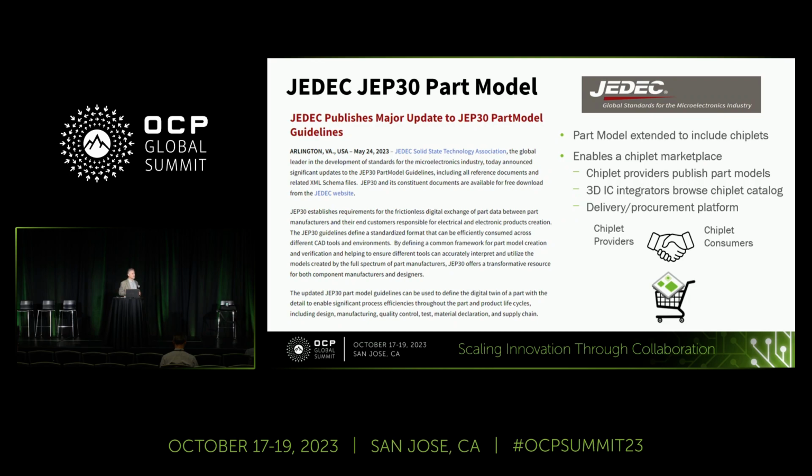The other thing is this part model can be used to provide a kind of an ecosystem for a marketplace. So chiplet providers can provide all the information for their chiplets, and then think of it as an electronic catalog, and users can actually query that to see what functionality is there. They can get some of the physical information and learn about those parts.